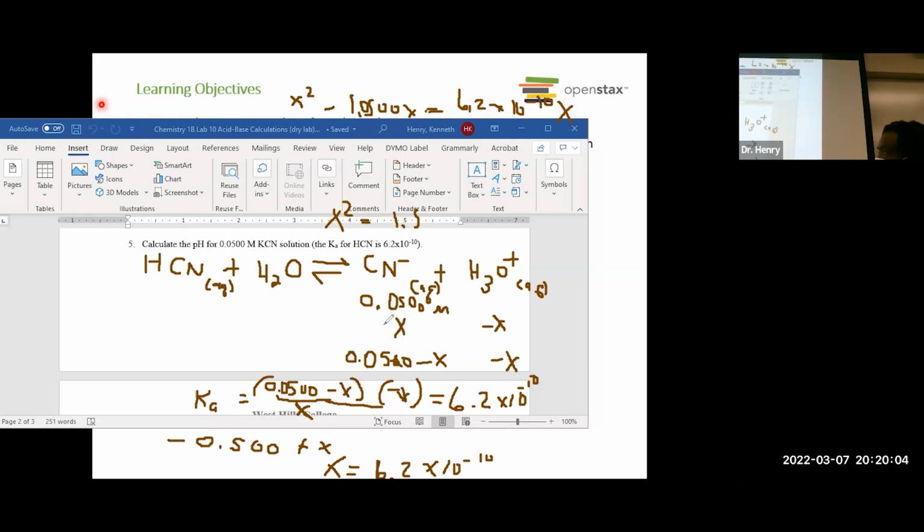But I think this still needs to be a plus, and this has to be a minus, and this has to be a plus. Which should end up with essentially the same answer. Because we're saying at equilibrium, this is the value of the change at equilibrium, right?